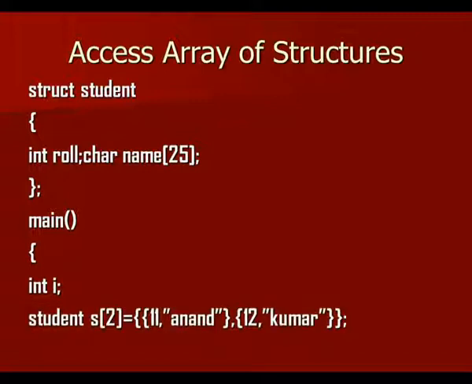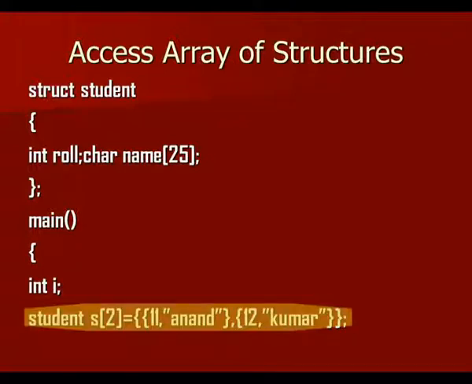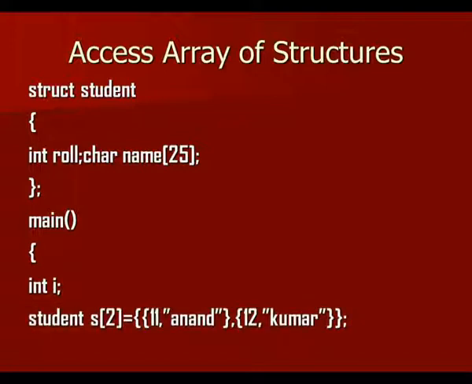So inside the main function also, it will accept that the student is a variable of type struct or a tag of type struct. So you just give student, you give the variable name, and you are declaring it as an array which can hold a maximum of 0 and 1. So 2 values, and you are initializing the values for the members of the structure.